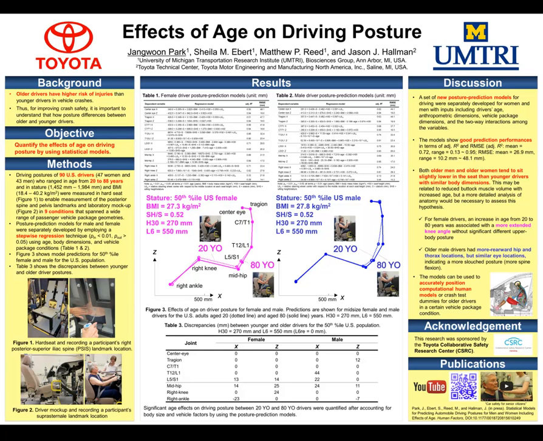The purpose of this research is to quantify the differences between younger drivers and older drivers, how they sit differently. Okay. So the discussion part, acknowledgements, and the publications from this research. These are the typical poster presentations.